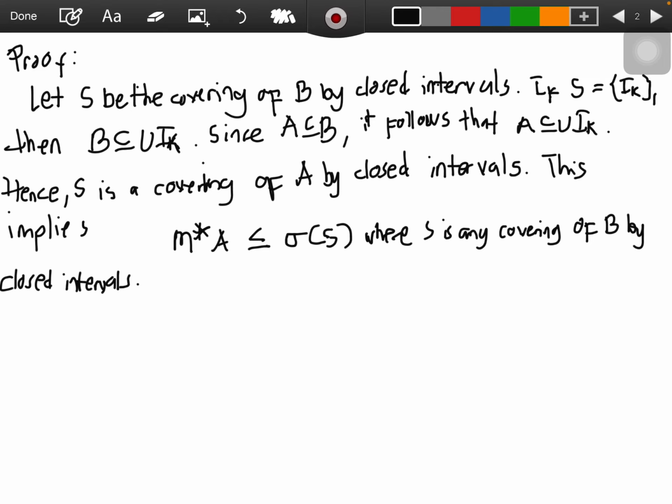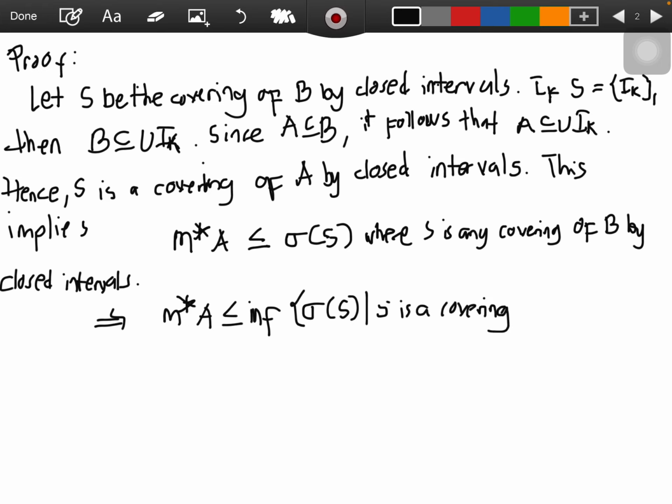So si M star A is either equal dun sa infimum ng sigma of S or also less than that infimum. Okay? So this implies M star of A less than or equal to the infimum of the set containing sigma of S, such that S is a covering of B by close intervals.